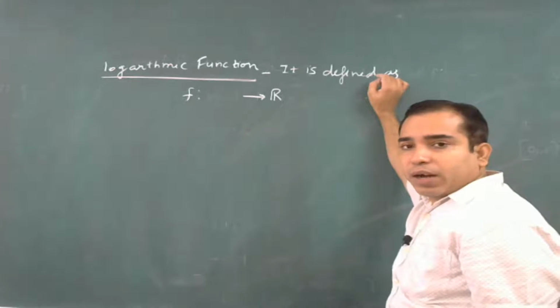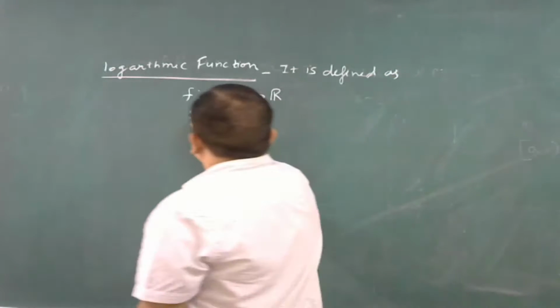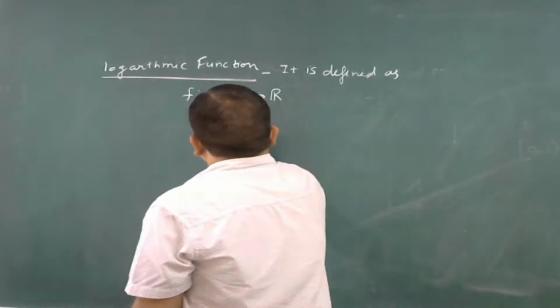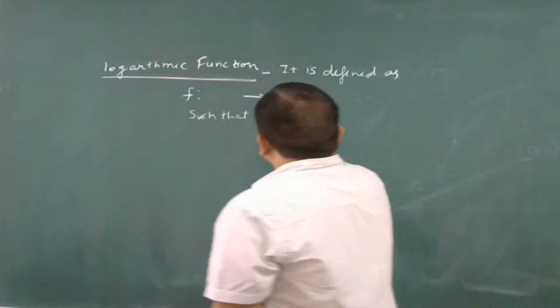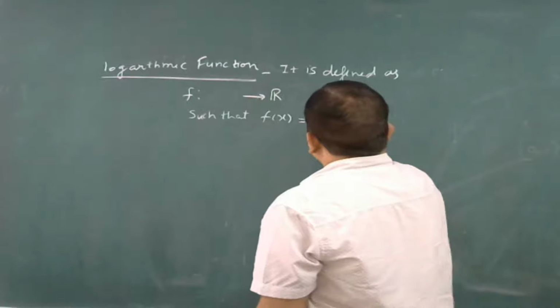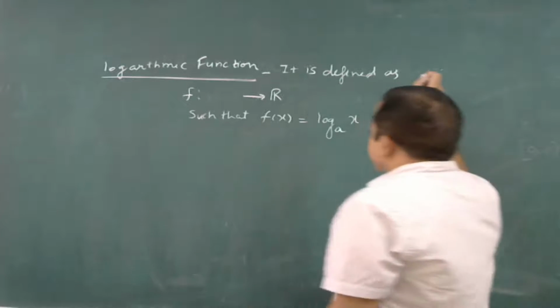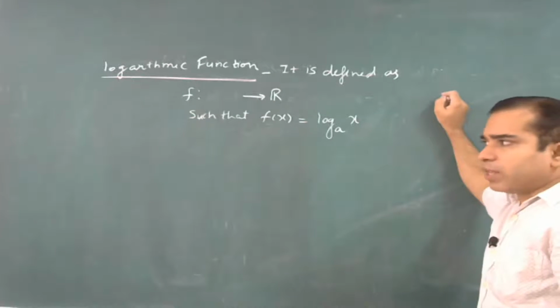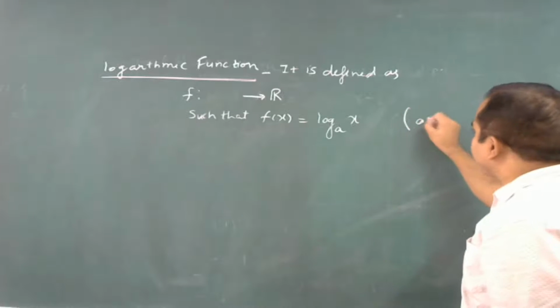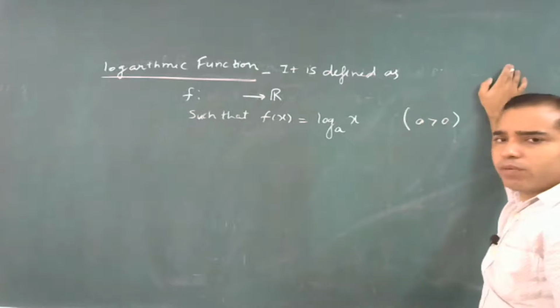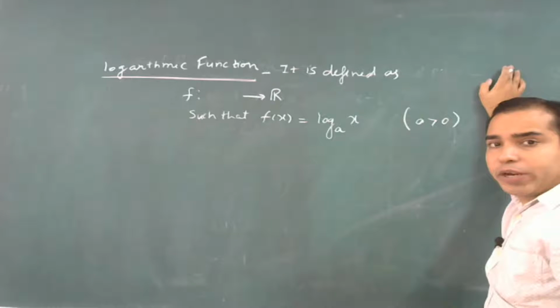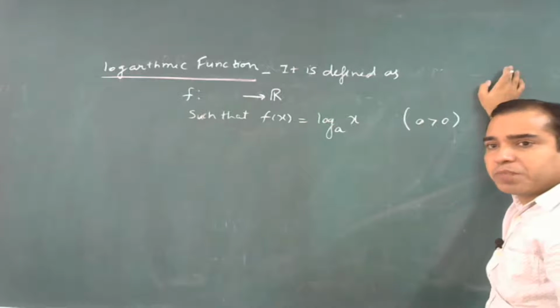The codomain is always taken as R, such that f(x) equals log x base a, right? Base a, and base a we always take positive, right? Actually it is the inverse of the exponential function, which we discussed in the previous lecture.